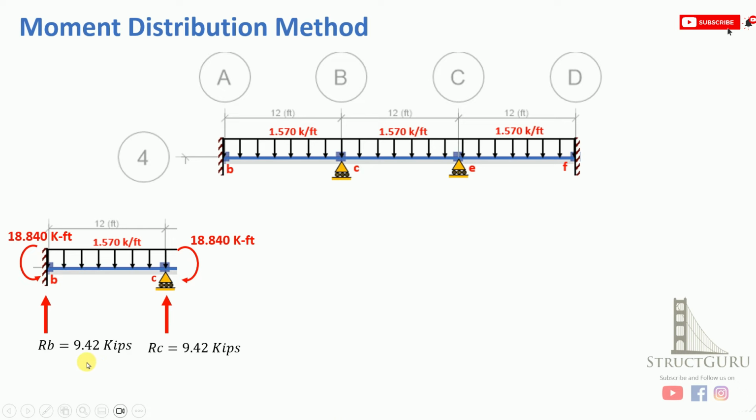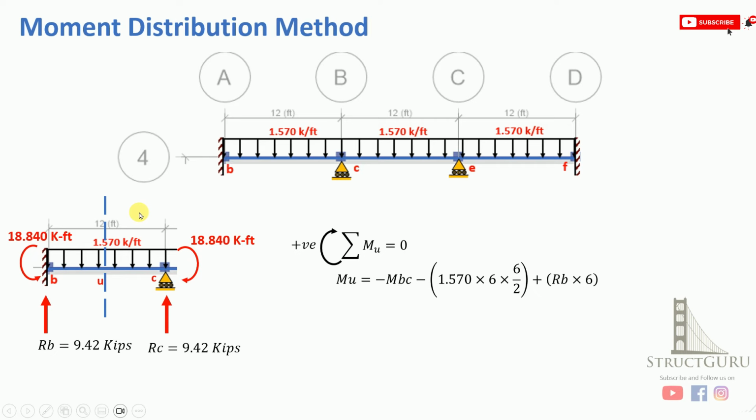So once you know the value of reactions, now you can find out the moment at midpoint, which is U, by applying the equation of equilibrium. Finding the moment at U will give you minus MBC, which is acting at the joint B. After that, RB will produce a moment about this point, so this will be 9.42 multiplied by 6.